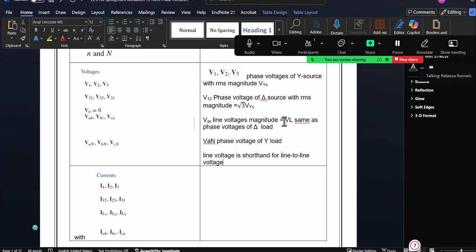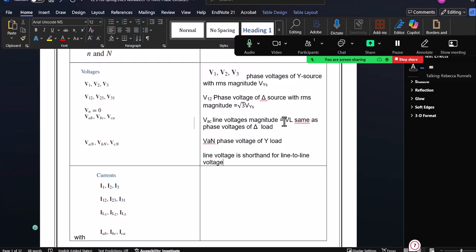If you're talking about absolute voltage, that's usually in a physics class where you're comparing it to the potential at infinity. Anytime we talk about voltage, we're talking about reference to something that we set as ground or to something else. And when we say line voltage, we're talking about line to line voltage, so VAB, VBC, something like that. Line voltages are voltages between transmission line pairs.